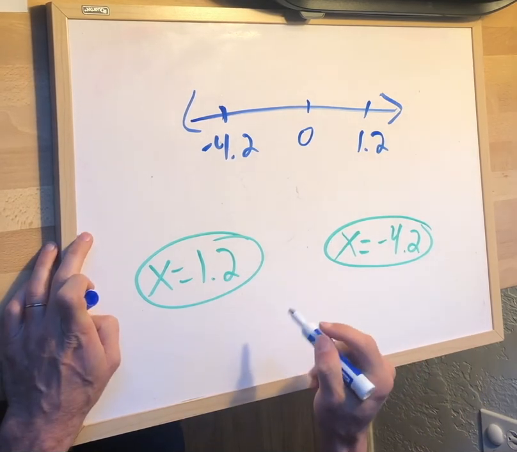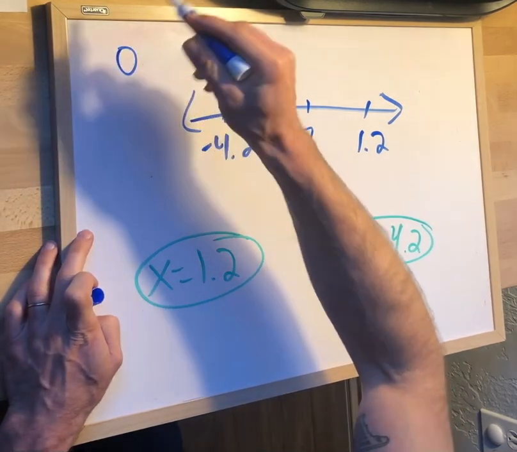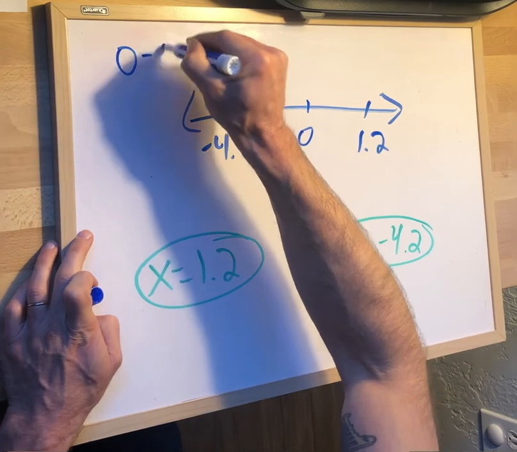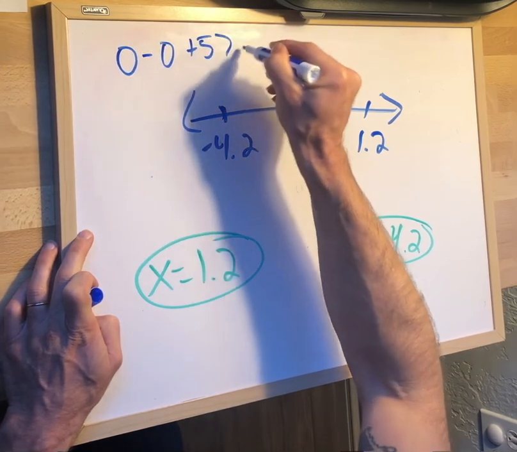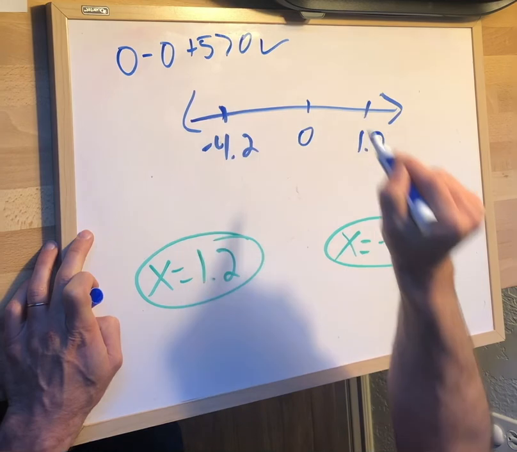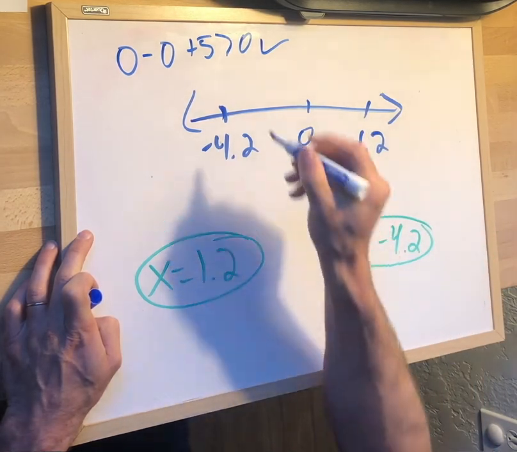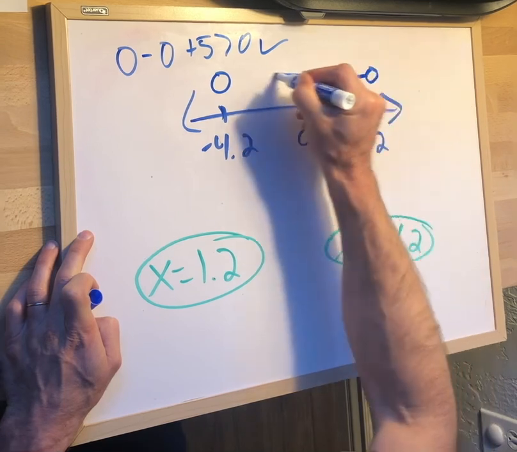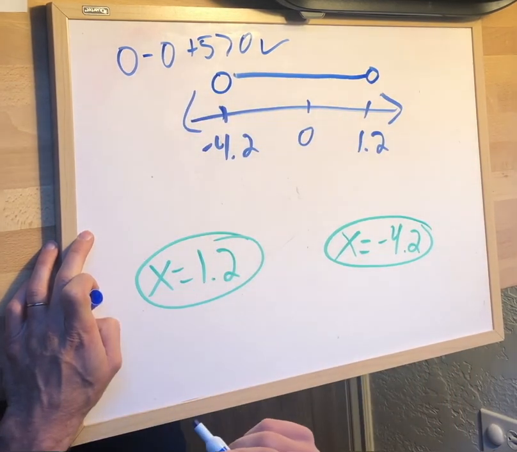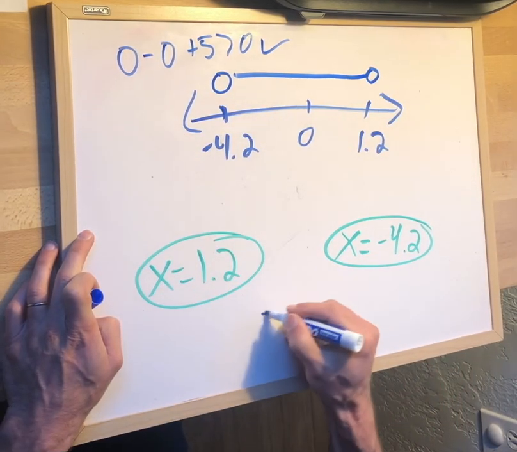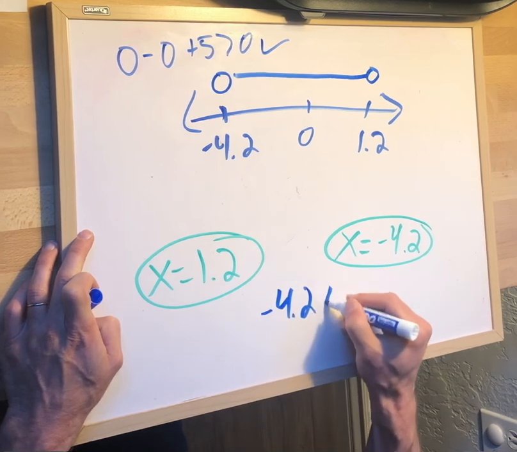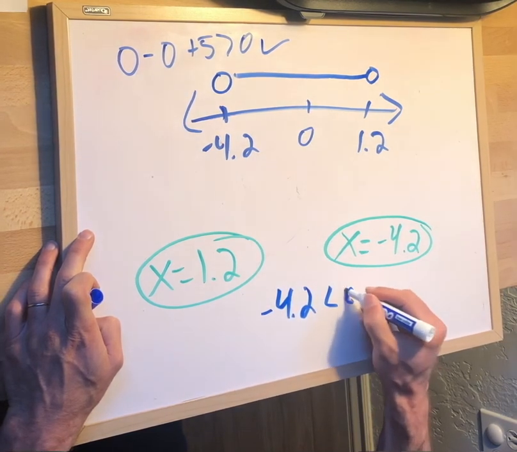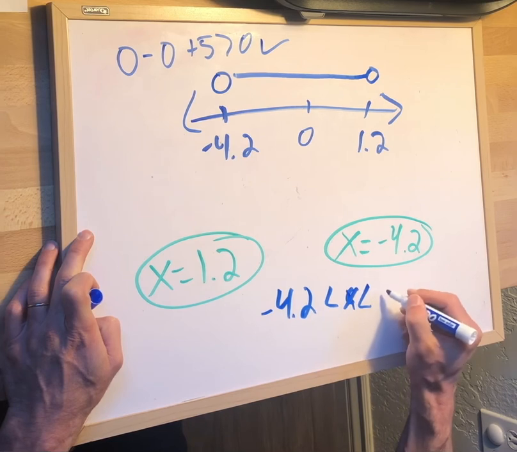If I plug a 0 into my equation, I get 0 squared minus 3 times 0 plus 5 is greater than 0. That's a true statement. So that means this data set has to include 0, giving me an answer of negative 4.2 is smaller than x, but x is smaller than 1.2.